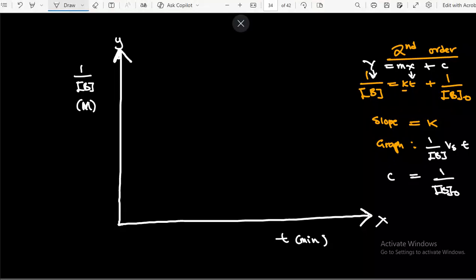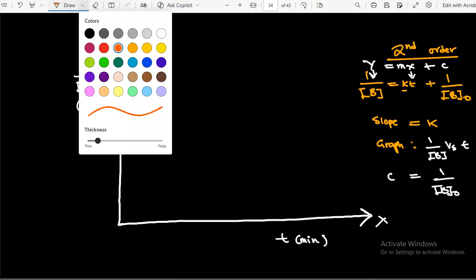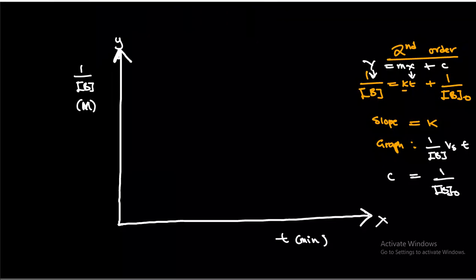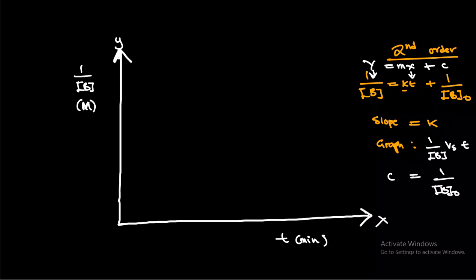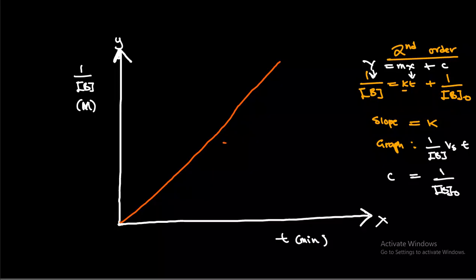So it's just a matter of you doing a sketch. The graph of this is always a straight line, so it will move like this. That's how the graph is going to move. You can even label it as the graph of 1 over [B] is equal to kt plus 1 over [B] initial.